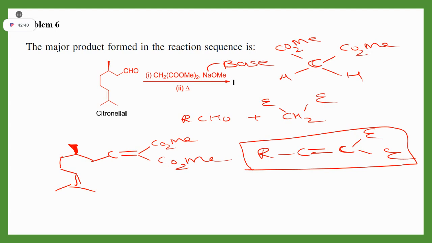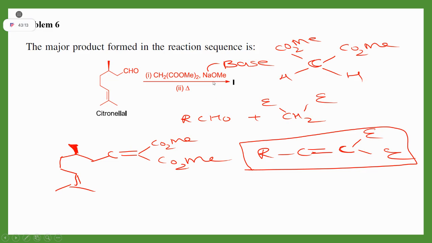Now that we have done so many questions, you can easily tell me. What? I couldn't get what you are telling. Okay, wait. This sodium methoxide you are telling me.